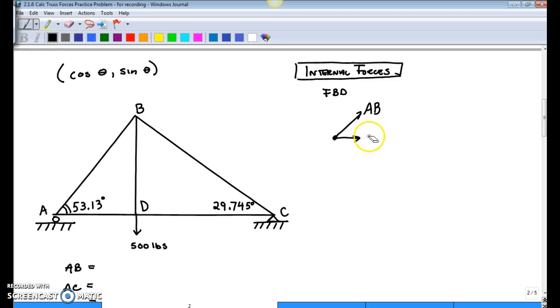I'm actually going to redraw that just real quickly, because I need more room to write some values in. This is point A. We had the reaction force at A in the x direction, and the reaction force at A in the y direction. And that was it. So we could plug those in.